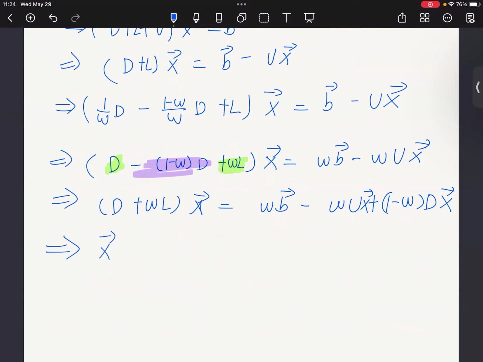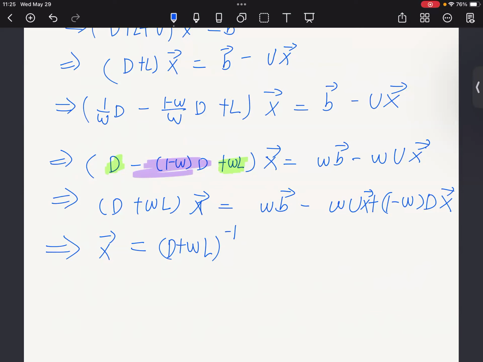Which means that we multiply both sides by the D plus omega L inverse. And actually, I'm going to combine all the X together on the right-hand side.